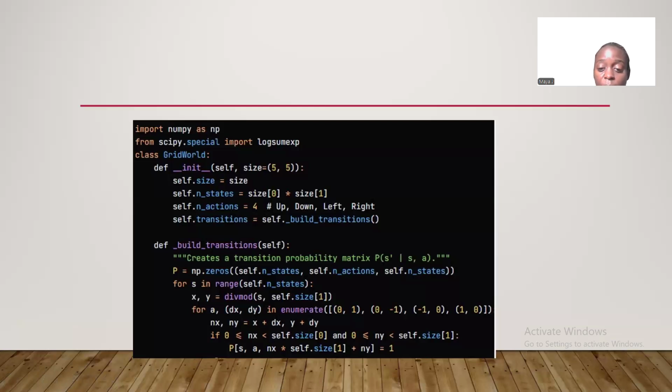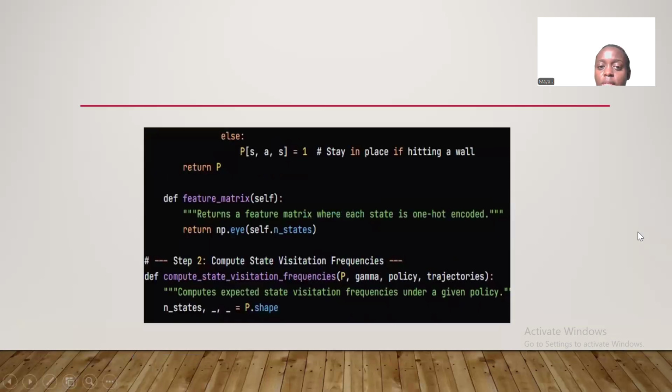If the agent is making a valid move, you allow it to transition. Else, if the state is still the same, it's going to stay in place.